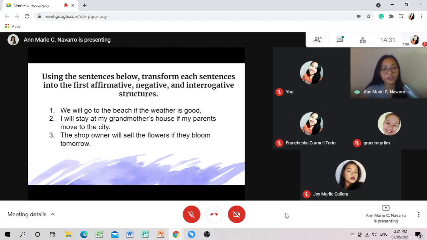So now for number two, how did you turn the first affirmative structure into a negative structure? Anyone? Miss Lim. I will not stay at my grandmother's house if my parents do not move to the city. That's great.